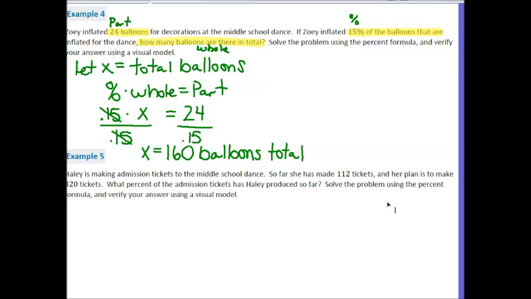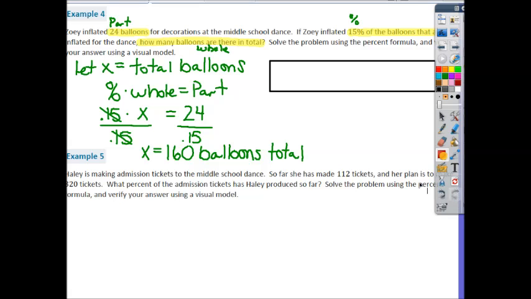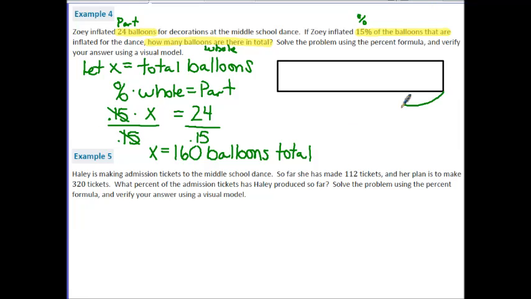We are then asked to verify our answer using a visual model. So I'm going to use a bar model here. Now I know that the value of the entire bar is going to represent our whole, which is X at this point. And we were told that Zoe inflated 15% of the balloons. So I really want to break my whole into as many 15% as I can.